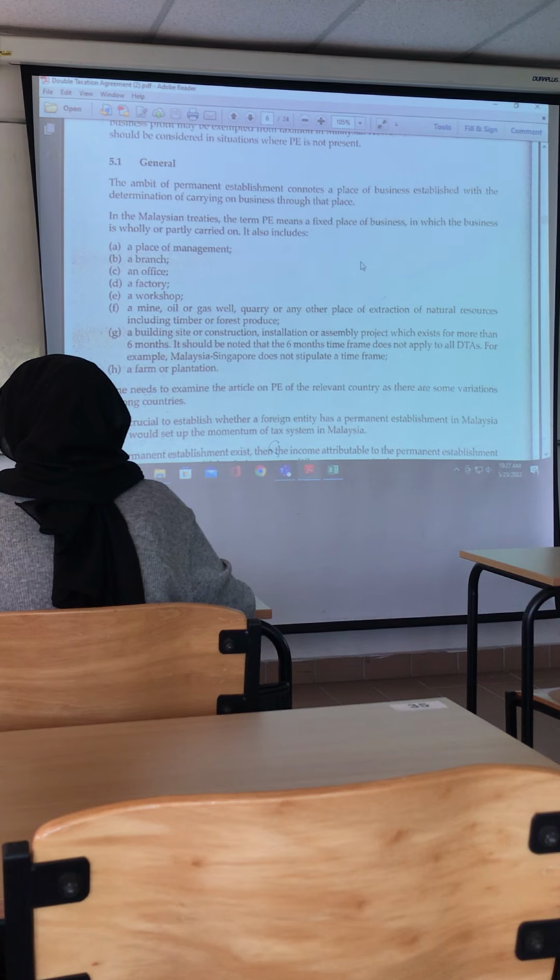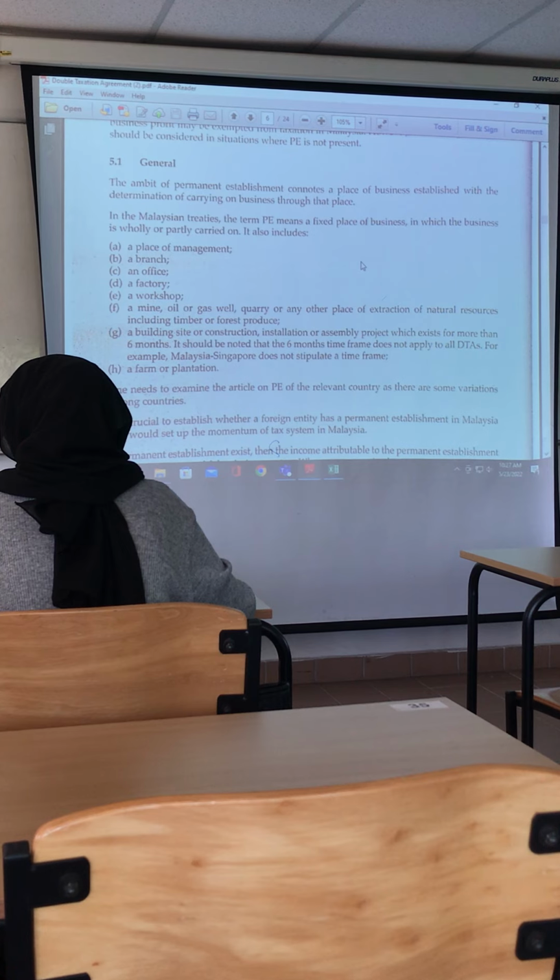Have you heard of that? Tax haven? So when you have a tax haven, it means that you don't have to pay a lot of tax in that country. And they give a lot of tax incentives. Why do they do that? Because they want to attract foreign direct investment, FDI.